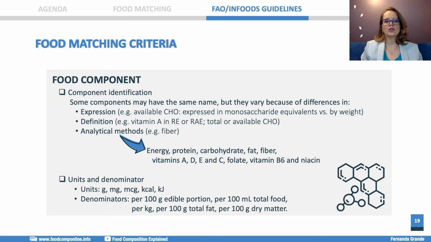Usually in food composition tables, the values are presented per 100 grams of edible portion, but in some cases we can also find the values expressed per 100 mLs of total food for liquids, and in this case it is important to use the appropriate density conversion factor.